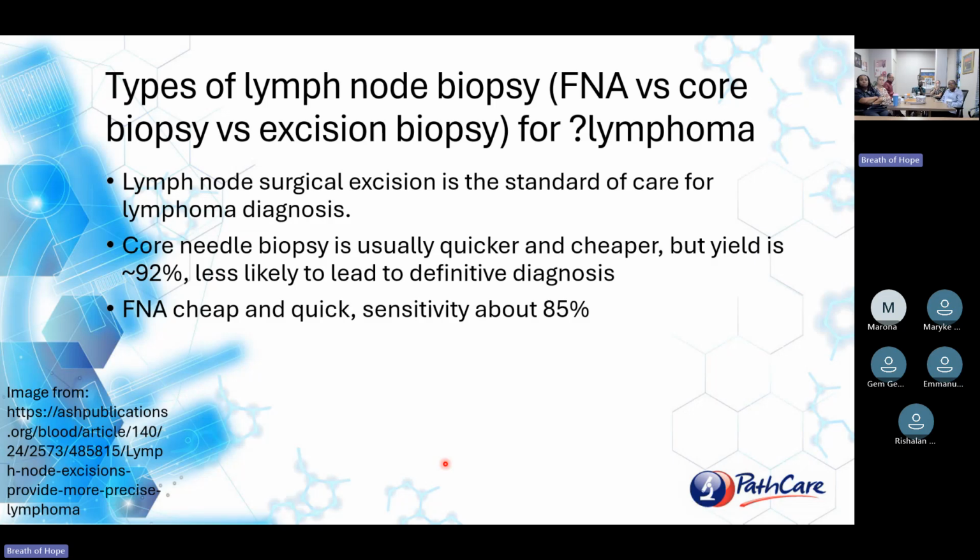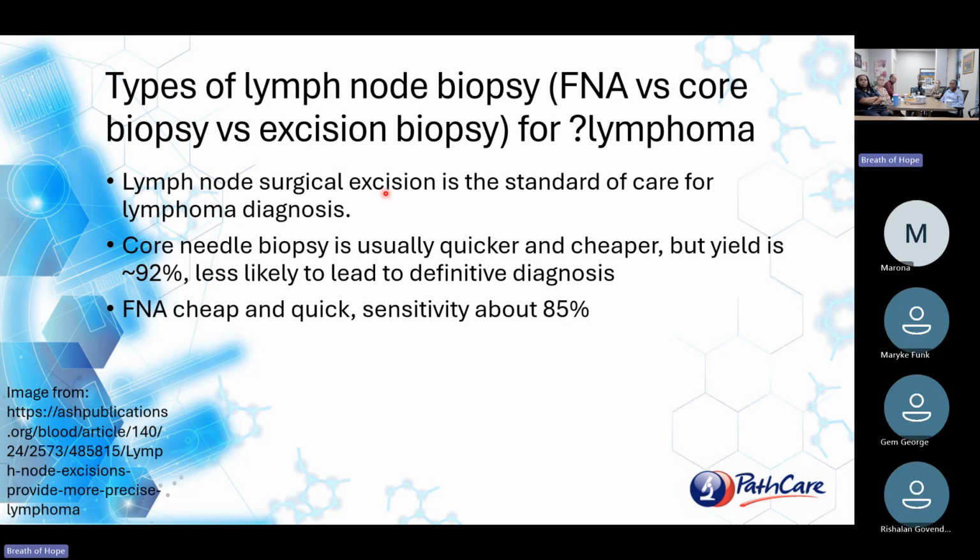Now, what kind of lymph node biopsy do you want to do? An FNA, a core biopsy, or an excision biopsy? This is particularly with reference to lymphomas. Surgical excision of the whole lymph node is the standard of care for lymphoma diagnosis, but it's not always feasible. Core needle biopsy is quicker and cheaper, but your yield is going to be about 92%.